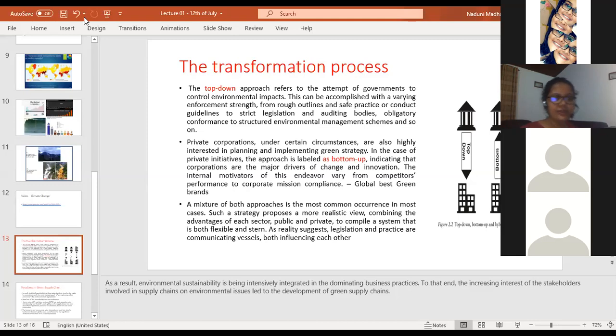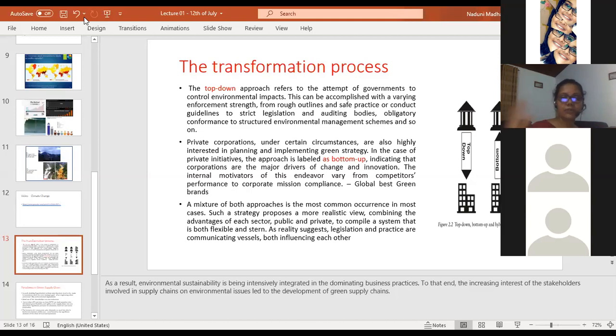So that means in the Sri Lankan context also, this shift has already happened. I told you there are three approaches. One was the top-down approach. The reason why the shift is happening in business organizations is government pressure.